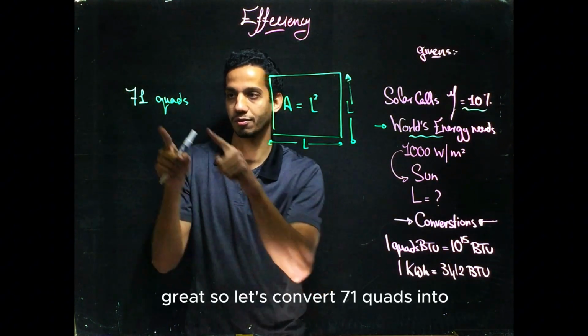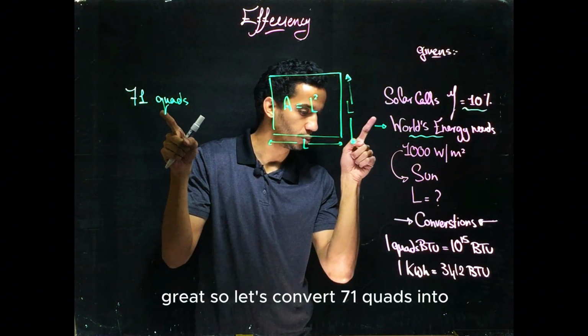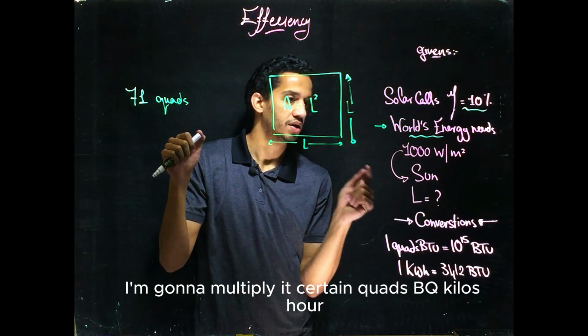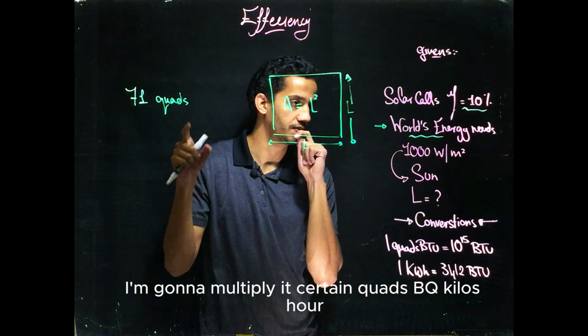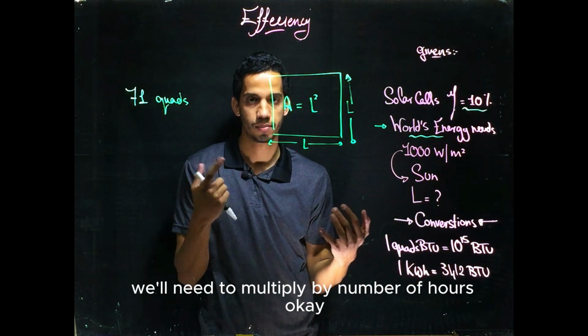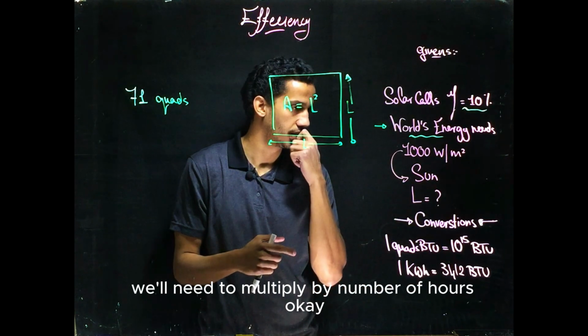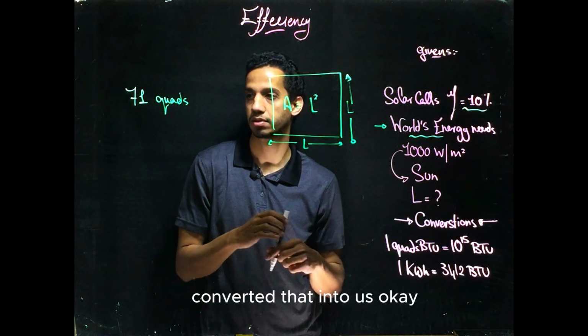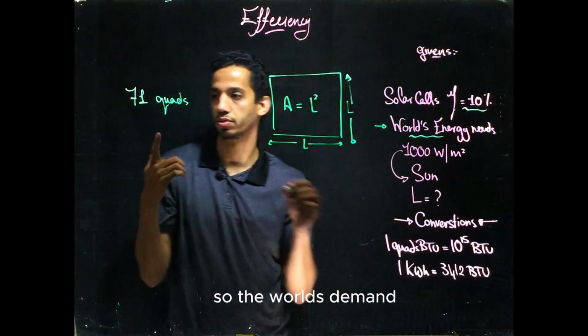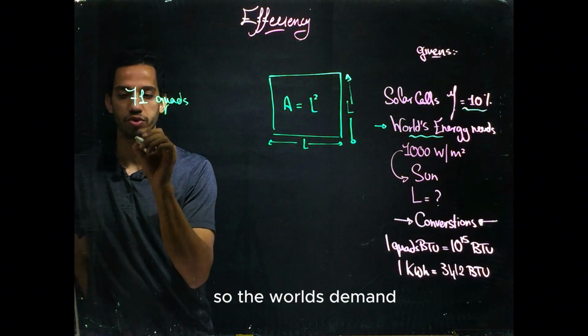Let's convert 71 into watts. I'm going to multiply BTU to kilowatt hour, and divide by the number of hours to convert it into watts.